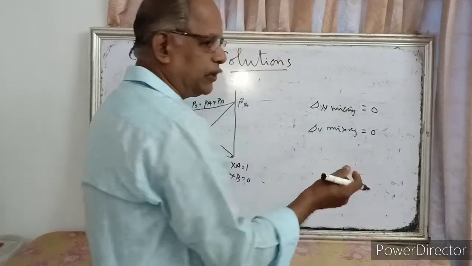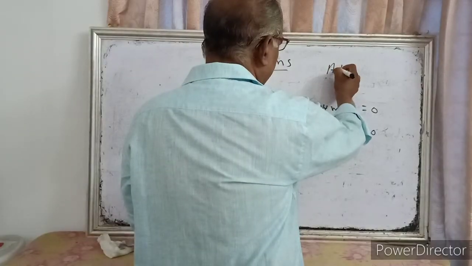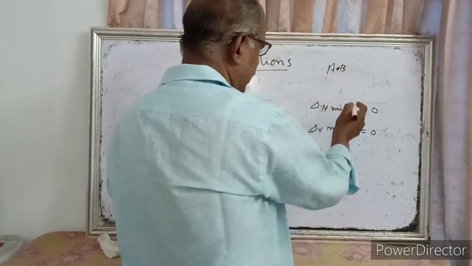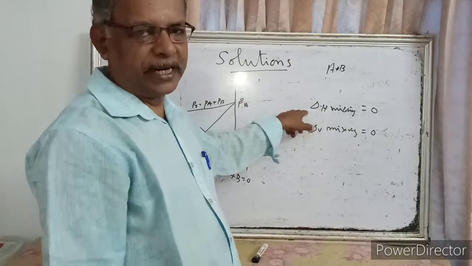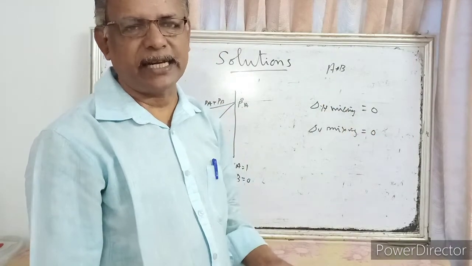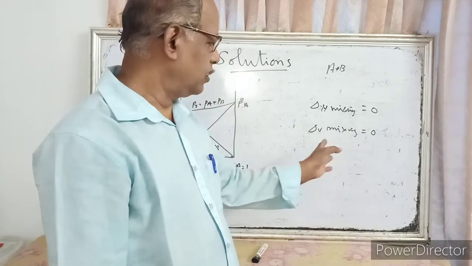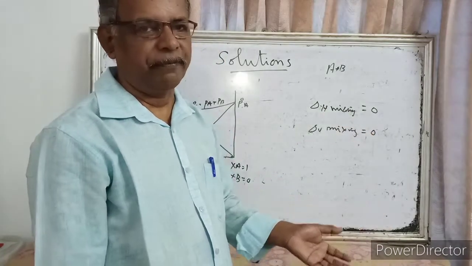That means if you mix A with B, there should not be a change in temperature. Delta H mixing equal to 0 means there should be no change in temperature, and delta V mixing equal to 0 means there should be no change in volume.